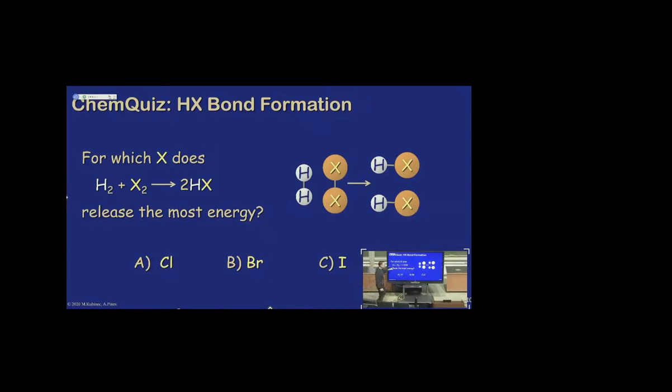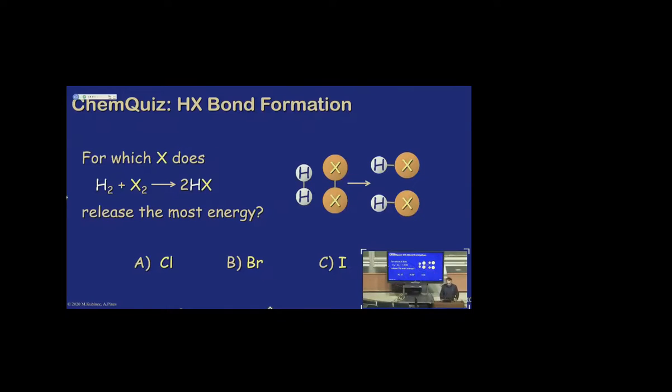But can you predict which might be the most exothermic among them, based on the fact that you know what element is here and you know electronegativity increases as you go up to that corner of the periodic table, high electronegativity up there in the upper right? Does that give you some predictive power about what's happening there?